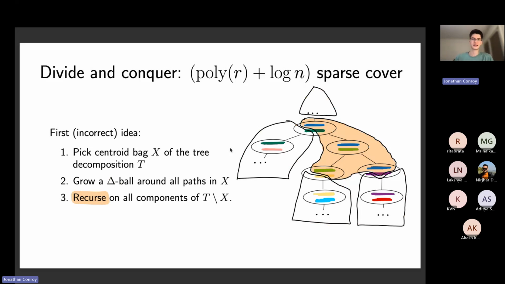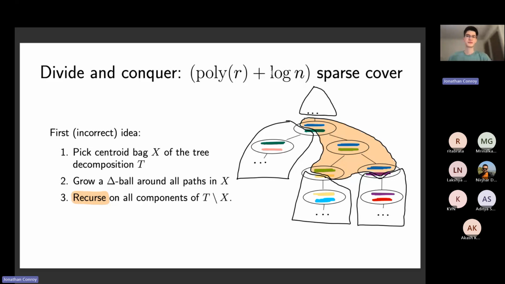Each time we're adding O of r squared overlapping clusters. Sorry, there's a typo in my slide. I should have said we're aiming at poly r times log n sparse cover. Right, but this sketch of choosing a centroid bag, growing clusters around the bag, and then recursing in all components seems like it would maybe lead to poly r times log n sparse cover.